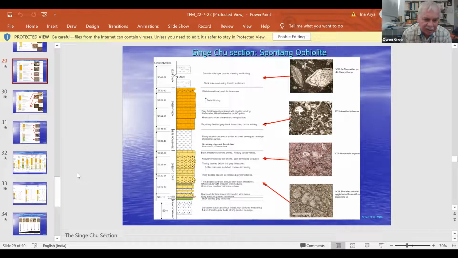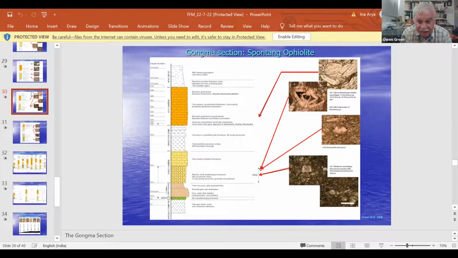The top of this section at Singi-Chu was well over, what, 400 meters, I think. It was a very, very big section, but just terminated with a sharp unconformity at the very top. Next slide, please.